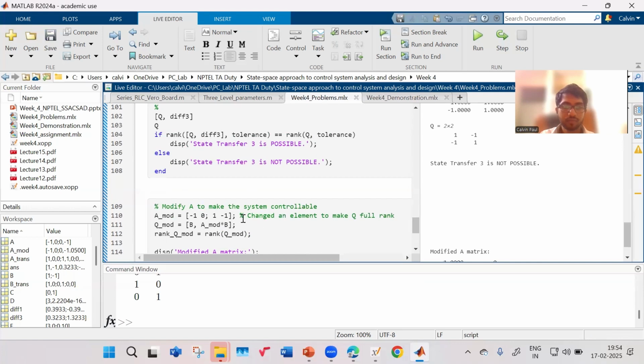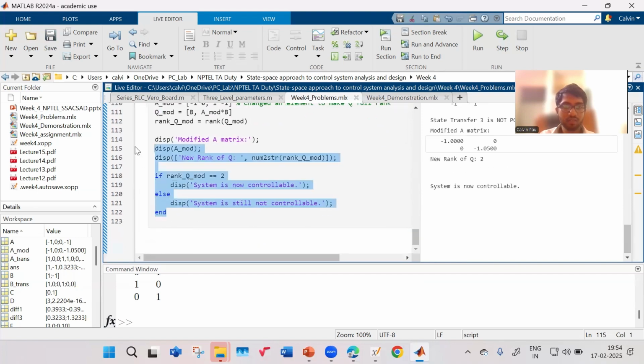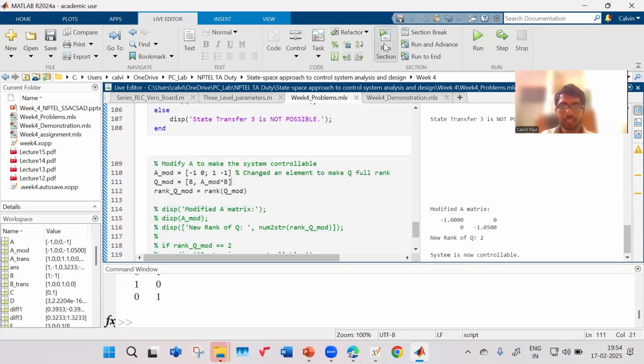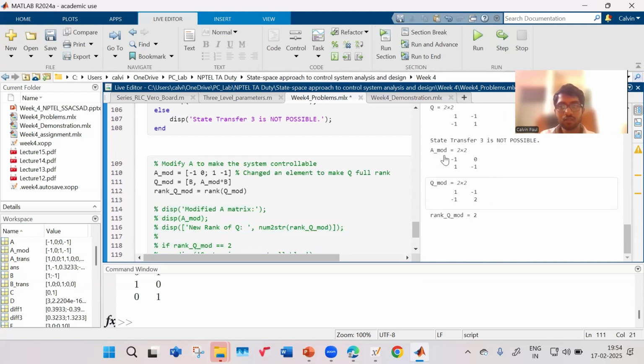Okay, I have modified my A matrix, and I'll take my Q modified and check this. Now these I don't need. I'll run this section. So this is my modified A matrix. Now I have added an off-diagonal element 1, so I have actually made it into the Jordan form. Then the Q modified comes out to be this and the rank comes out to be 2, right? So this is an example.